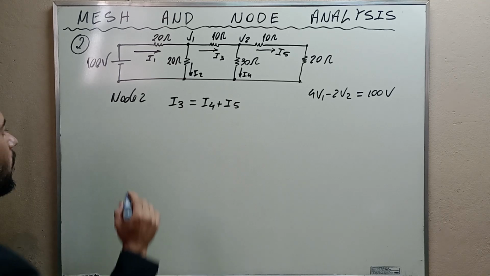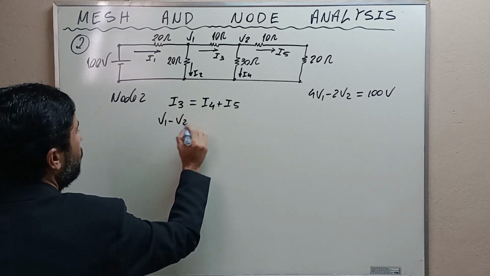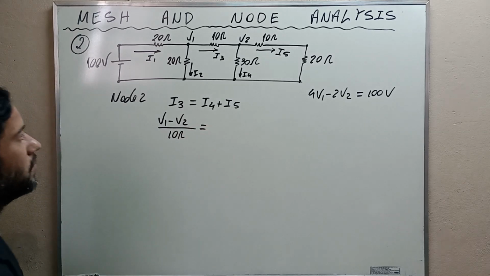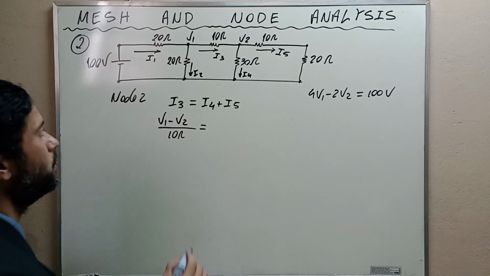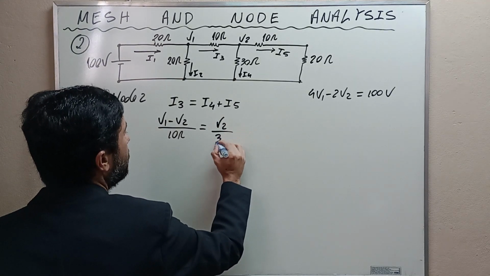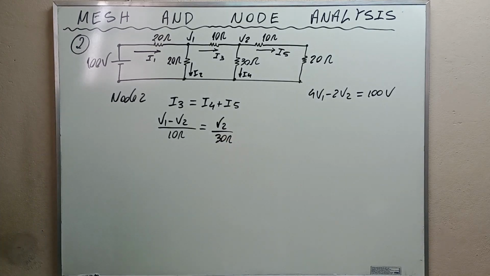I3 is V1 minus V2 divided by 10 ohms, and I4 is V2 divided by 30 ohms. And how about I5?